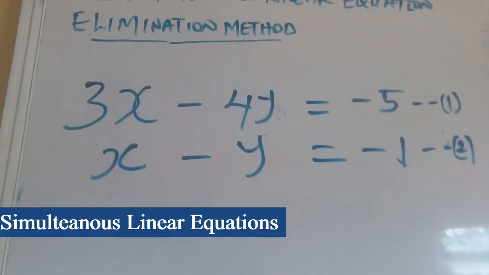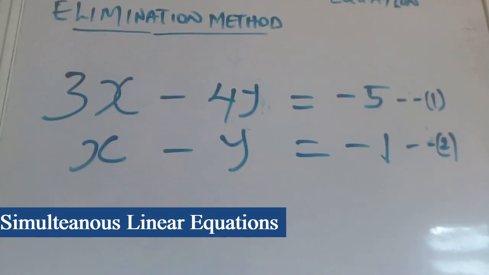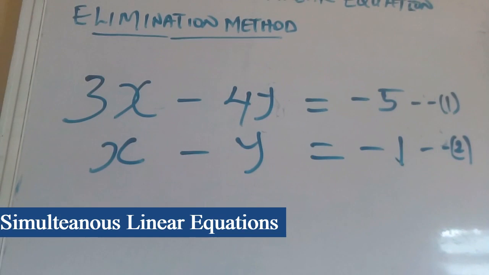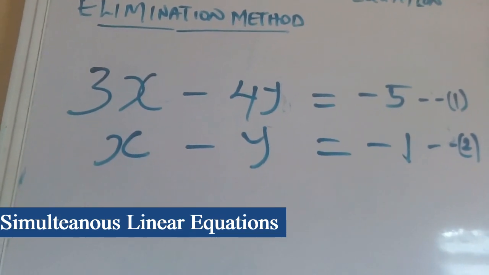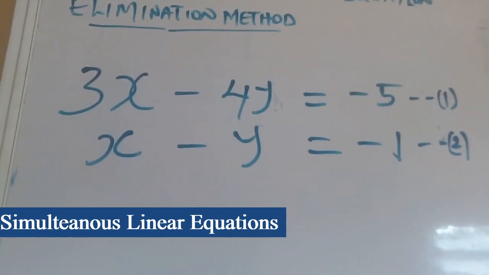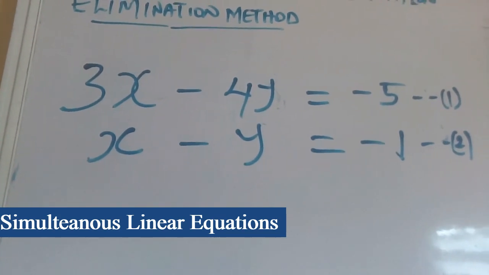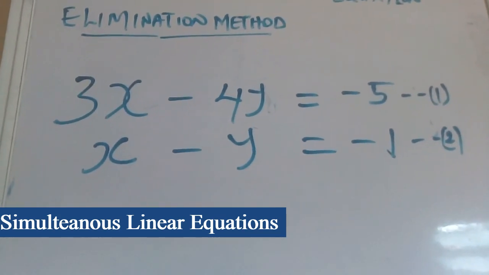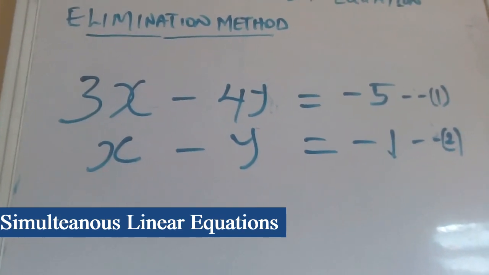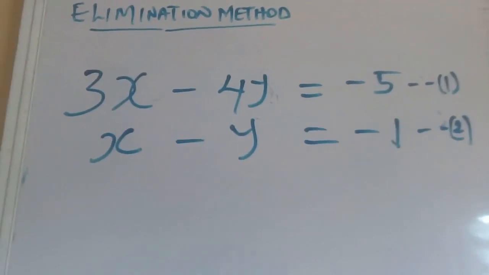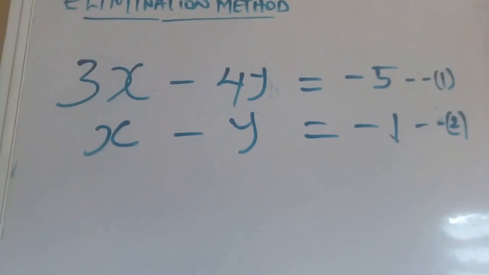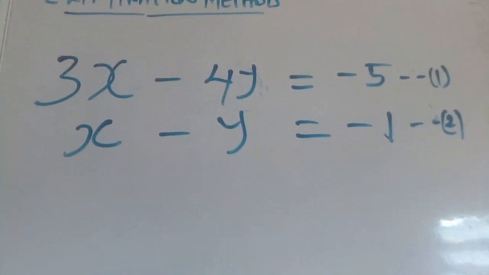Now, in the equations that we see on the board, 3x minus 4y equals minus 5, that's equation 1. x minus y equals minus 1, equation 2. In this method, we are expected to find the values of x and y by the elimination method.